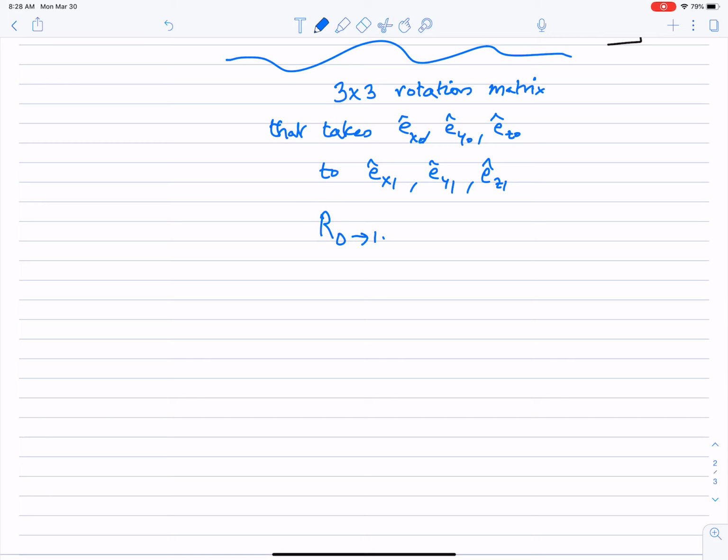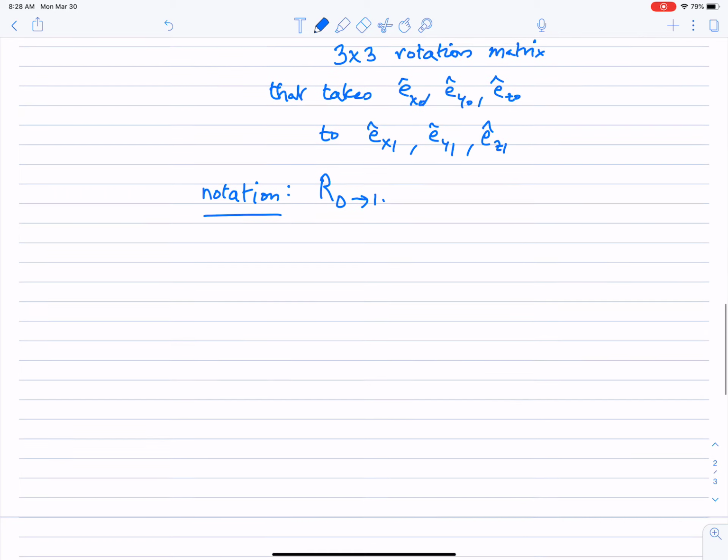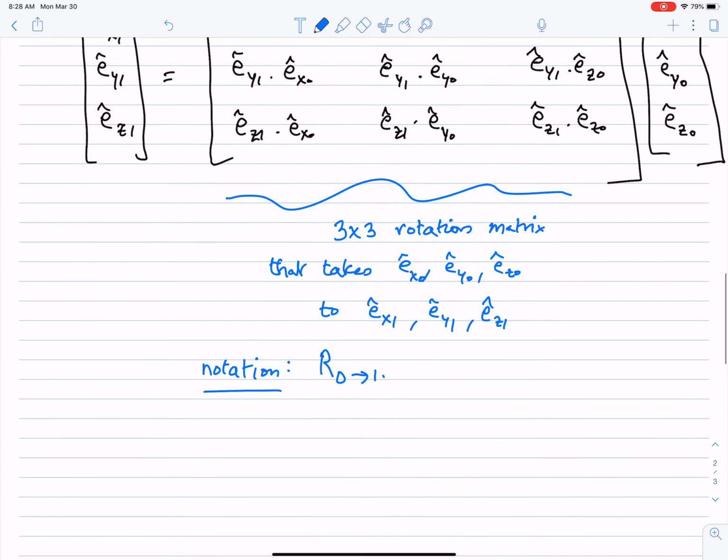Okay, notation for this matrix. So it's a 3 by 3 matrix.